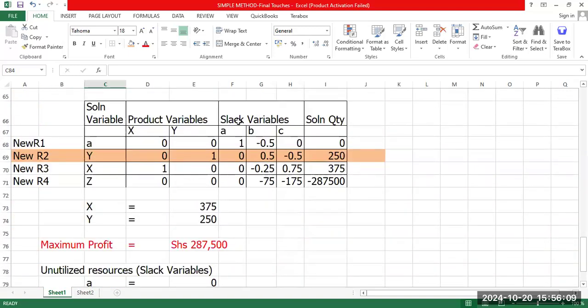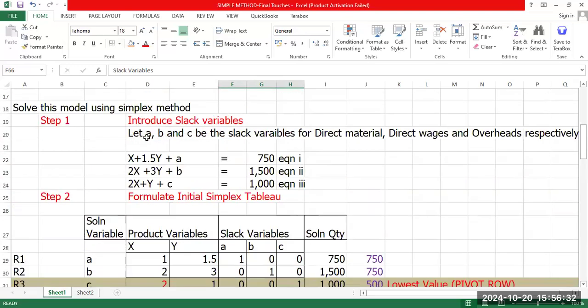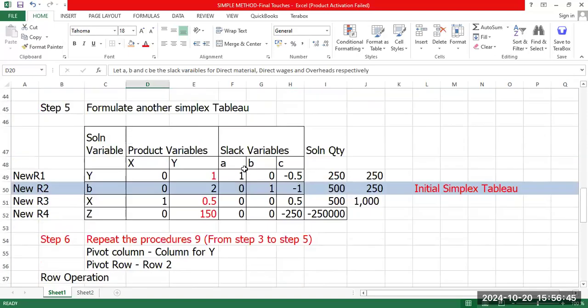you come here. This is your slack variables, okay? Where do you find which slack variable is talking about direct wages? We defined the slack variables A, B, C: direct materials, direct wages. So B is our slack variable corresponding to direct wages. And which column gives you this?